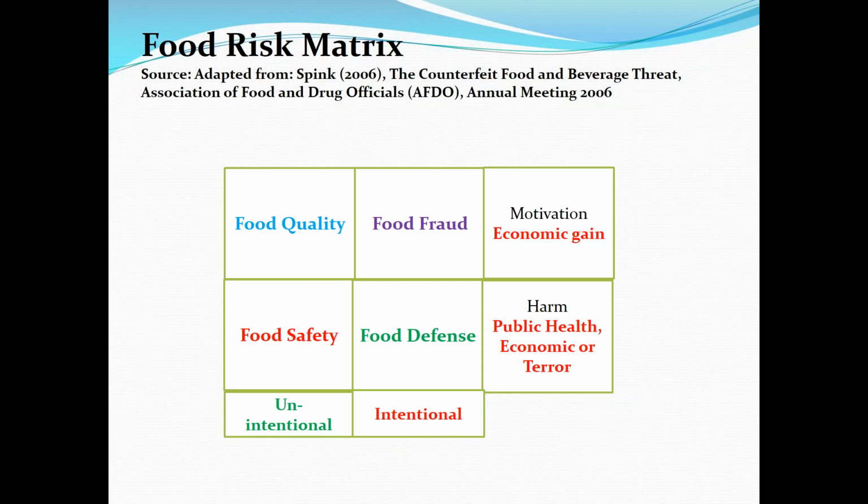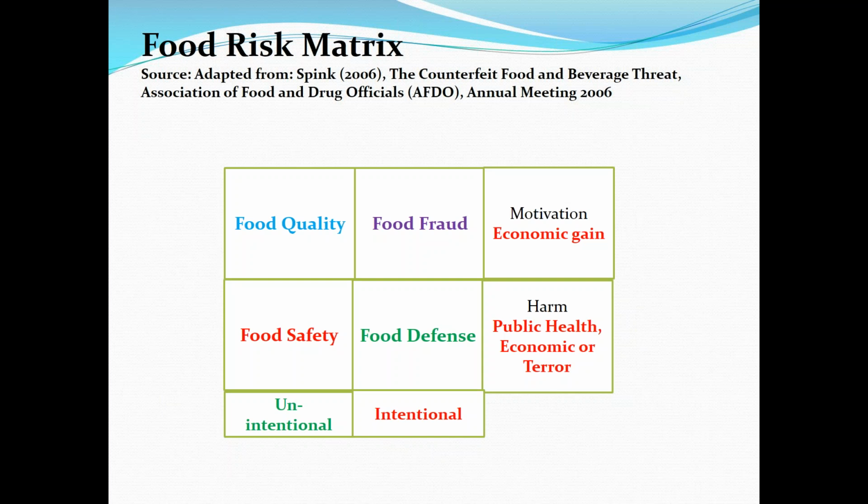So you have intentional as well as unintentional risks. The motivation for food fraud is mainly economic gain. So what drives food fraud? It's nothing but motivation to make more money, actually. And food security is about harming the public for creating terror. Controls do exist to tackle all these risks.